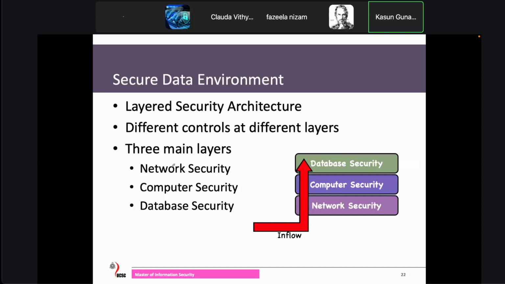So the same idea, the defense in depth, can be looked at another perspective, securing the data environment. So we can look at this entire story or entire requirement in a layered architecture, layered security architecture. So we can enforce different controls at different layers.